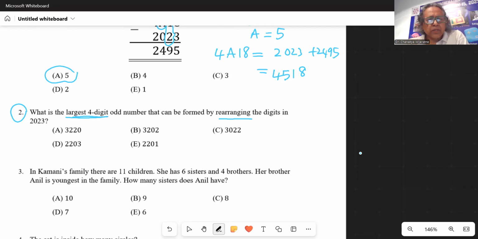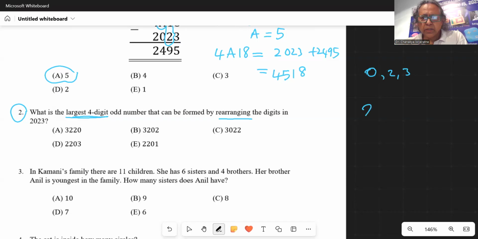So for this number to be an odd number, the ones digit has to be an odd number. And you have 3 different digits in 2023: 0, 2, and 3. And only 3 is odd out of these 3 digits. So then we have to keep 3 in the ones place so that the number is odd.